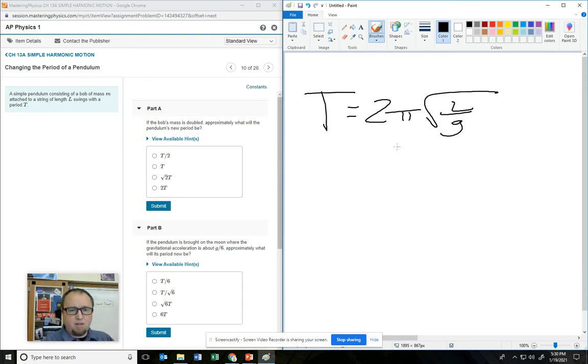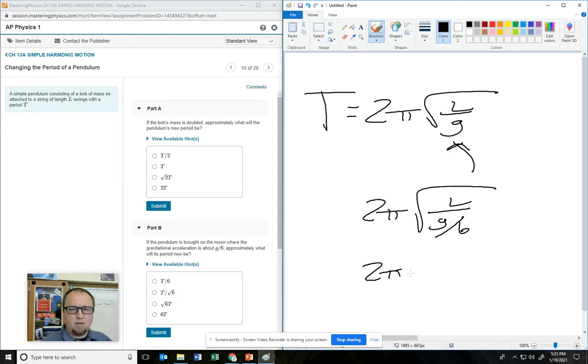If the pendulum is brought to the moon, if you change this to a smaller g, it's g over 6. If you plug in g over 6, that's square rooted. If I divide the g by 6, that puts a 6 up here.